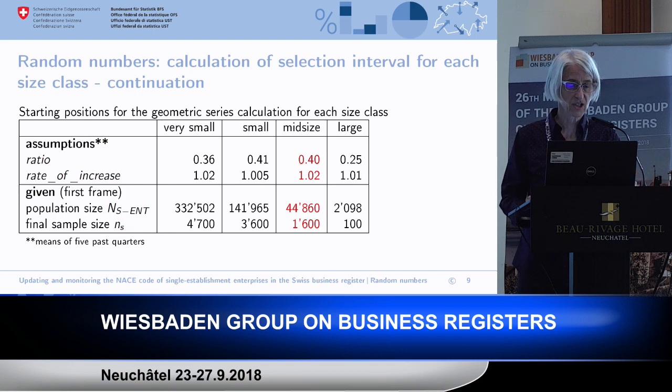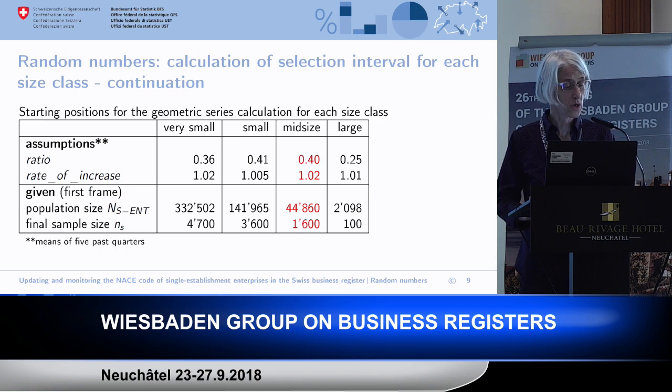So here I will show you the starting positions for the geometric series calculation for each size class. We have two assumptions which are based on the means of 5 past quarters.